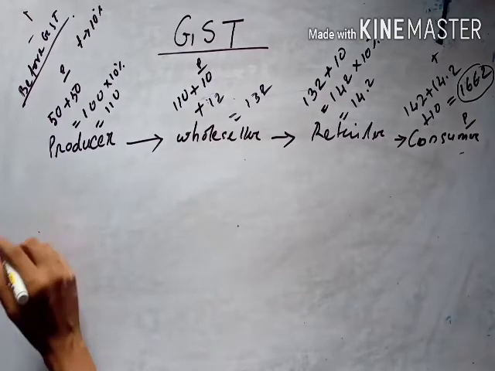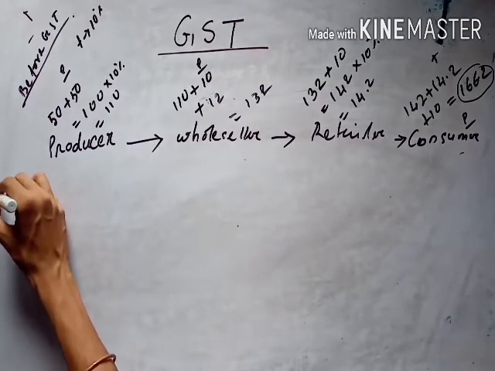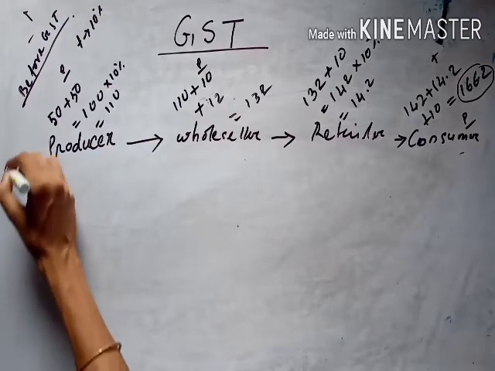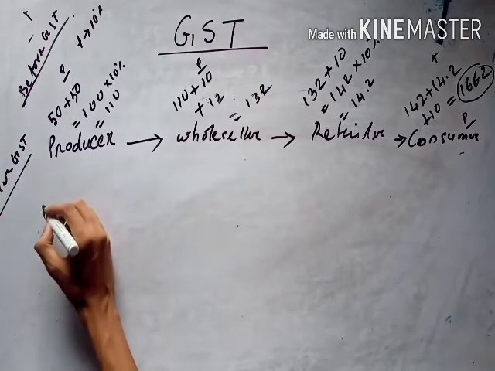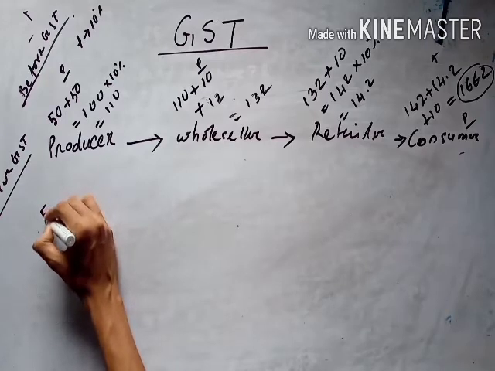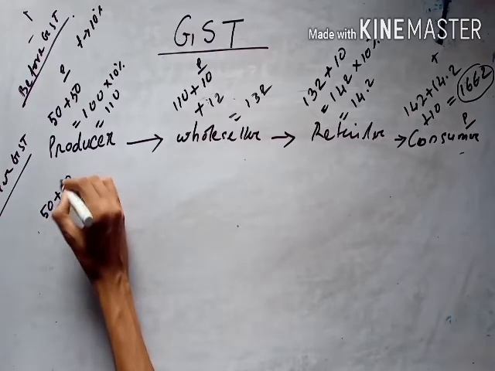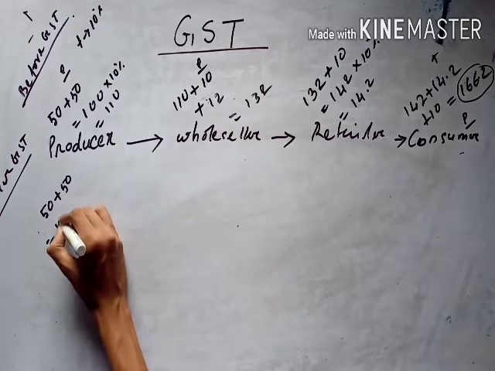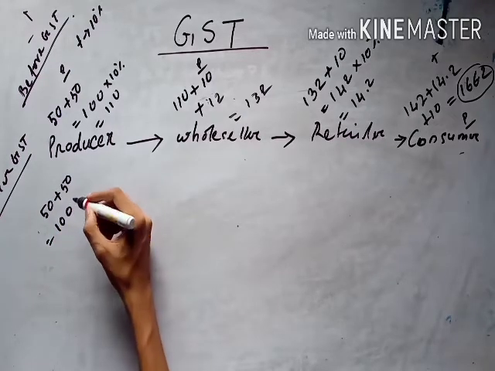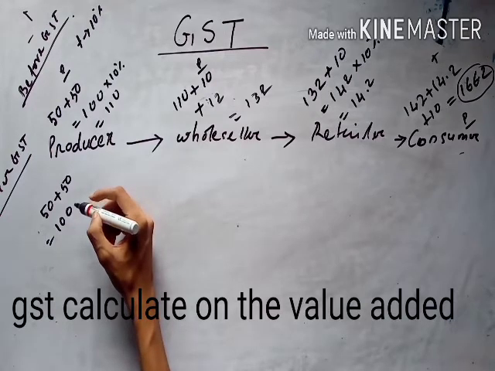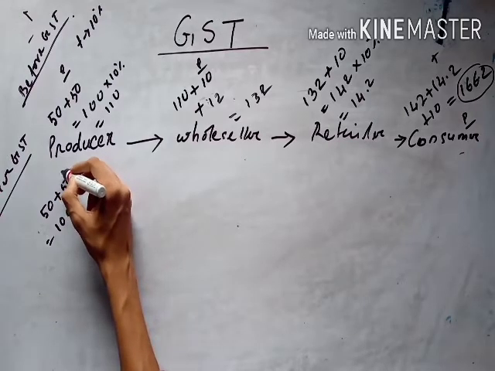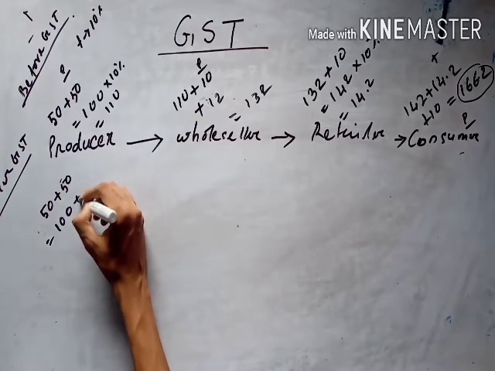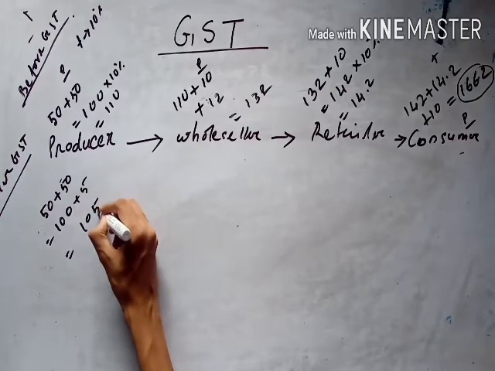Now let's see the effect after GST. After GST is implemented, what will be the effect? Now the raw material is 50 rupees. He adds a profit of 50 rupees, which is 100. Now the GST will be calculated on the value added, which is 50 as profit. 10% of 50 is 5, so 105.